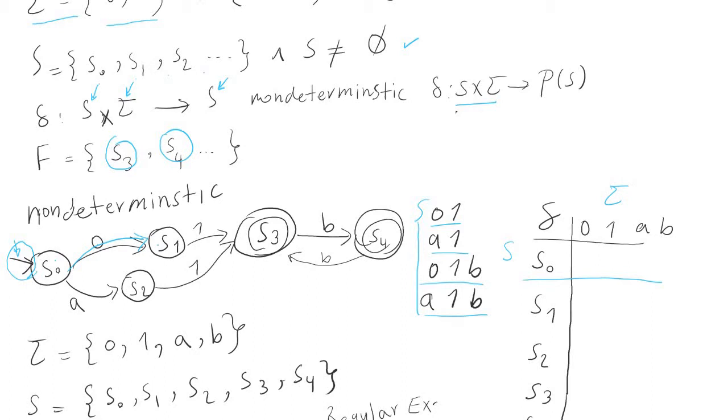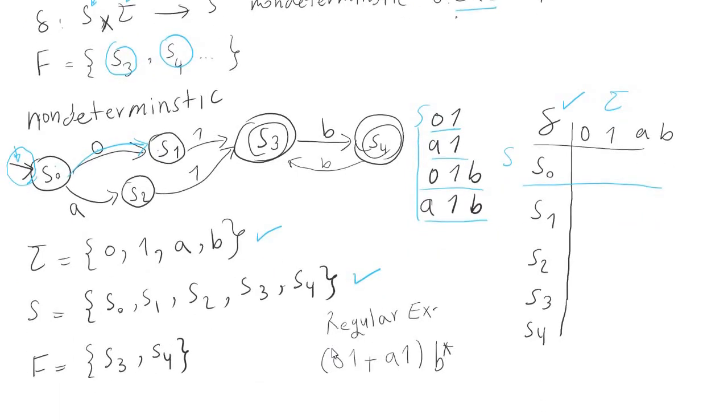And I have here the alphabet for my state machine. I have my states. I have my transition function. And also I have here the final states that the system can have. So let's take a look at this transition table and how we can complete the values here.